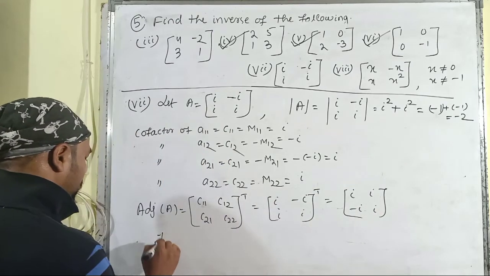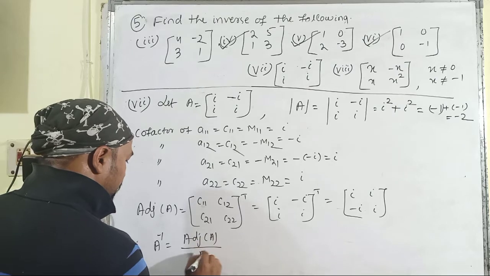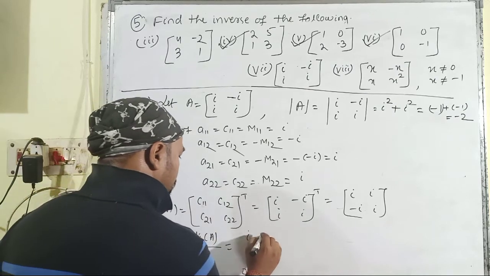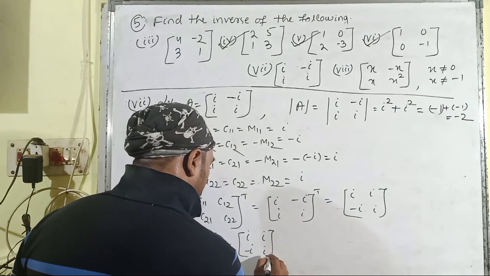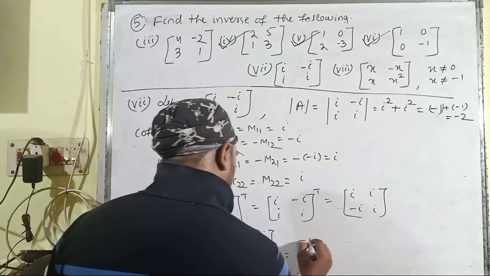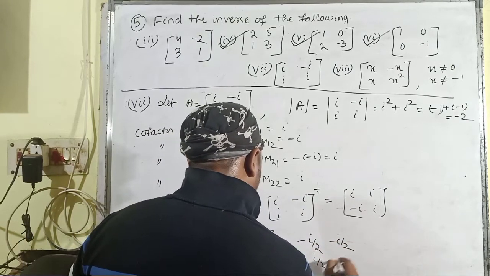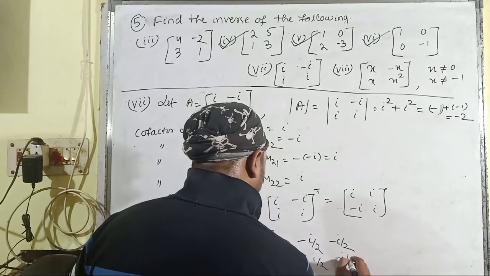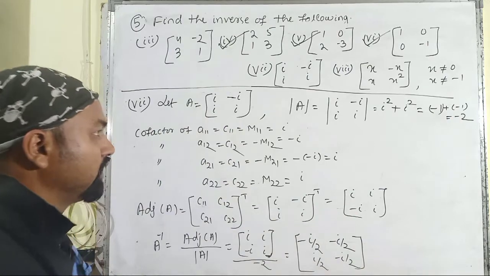Then A inverse is equal to adjoint of A divided by determinant of A. So this is [i i; -i i] divided by minus 2. So it will be minus i by 2, it is minus i by 2, and this is minus i by 2. And this is the inverse of the given matrix A.